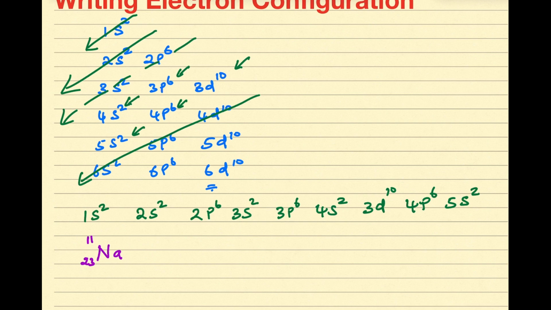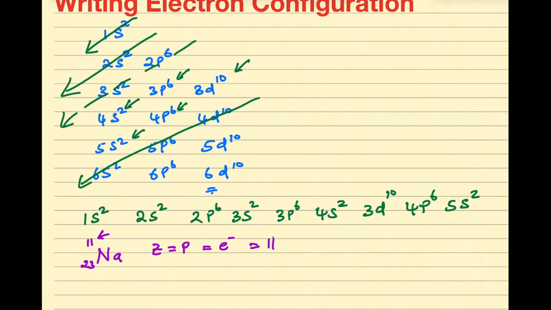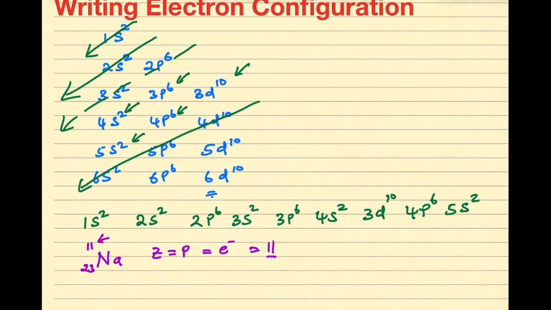So actually, what we need to focus on is this number 11, which is equal to Z, which equals the number of protons, and for a neutral atom, that will be equal to the number of electrons. So that equals 11 electrons. In order to write the electronic configuration for sodium, we have to distribute these 11 electrons following this order here.